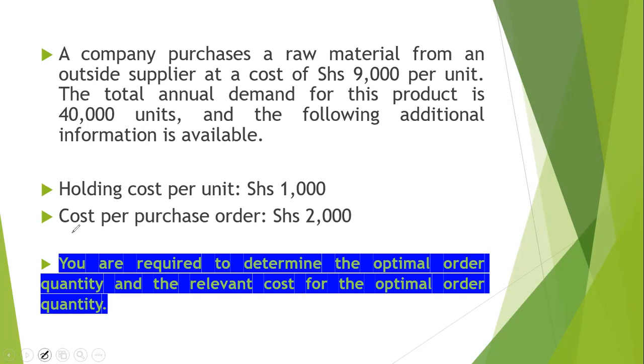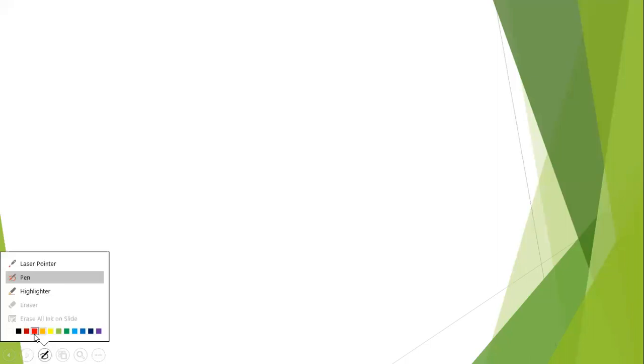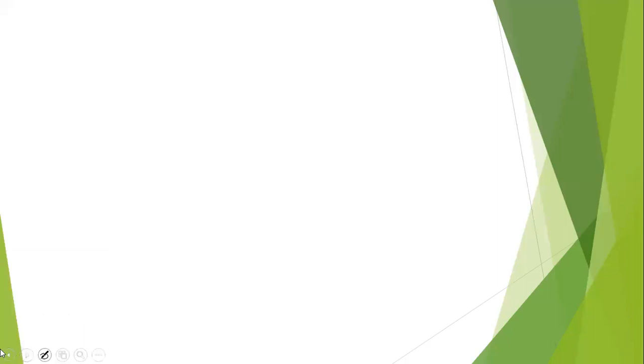Then after calculating EOQ, you will be required also to come up with the relevant cost for this EOQ. Let me summarize our data on the next page, and then we'll see how we can compute the EOQ and then the relevant cost of inventories.